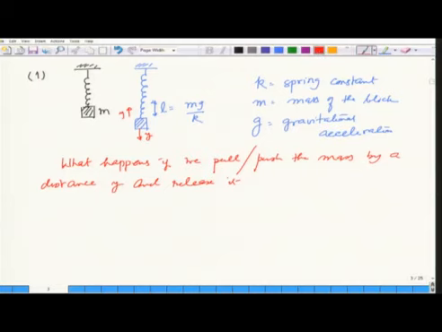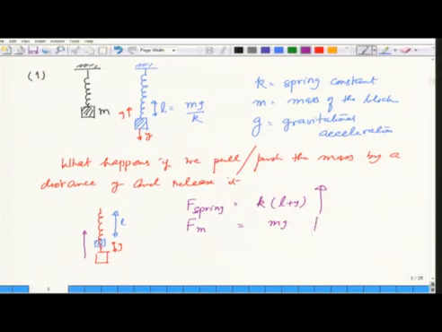As the mass is pulled down from its initial equilibrium position, which was at L, by a distance y, the net force due to the spring on it is going to be upwards, and this force due to the spring is going to be k. Net displacement now is L plus y. And of course, this force is pulling it up, so I will just show it by an arrow up, and its own force due to m is going to be mg, which is going down.